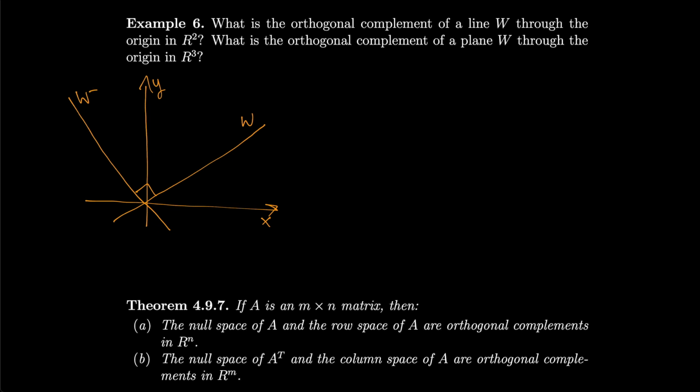Like that. Okay, and as for the orthogonal complement of a plane, well, I need some 3 dimensions now, so let's see. How about I start drawing my plane? And then I can finish drawing my lines around it.